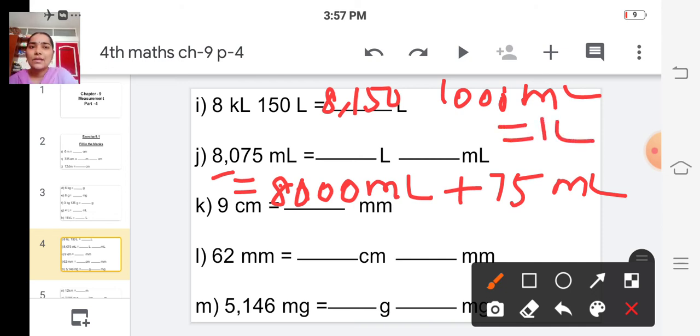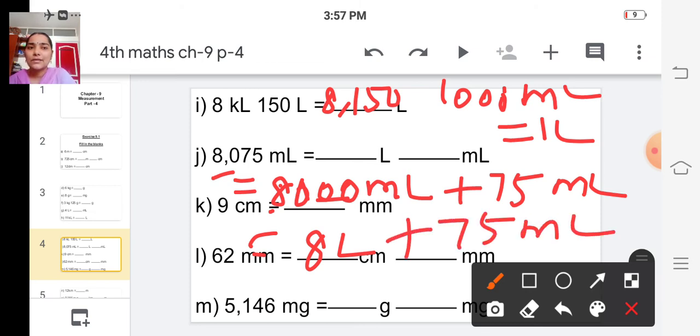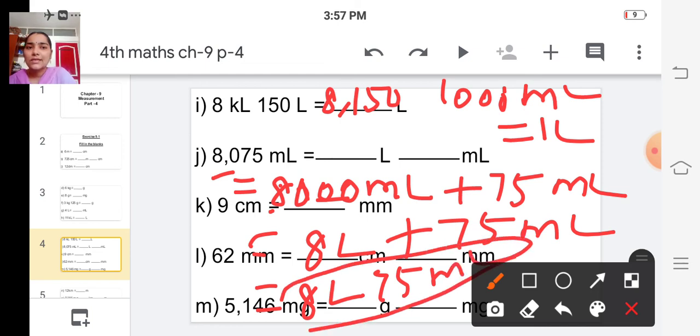So 8000 ml, we have to divide this by 1000. Then we get 8 liter. So 8 liter plus 75 milliliter, and this can be written as 8 liter 75 milliliter. So the answer is 8 liter and 75 milliliter. This is the answer.